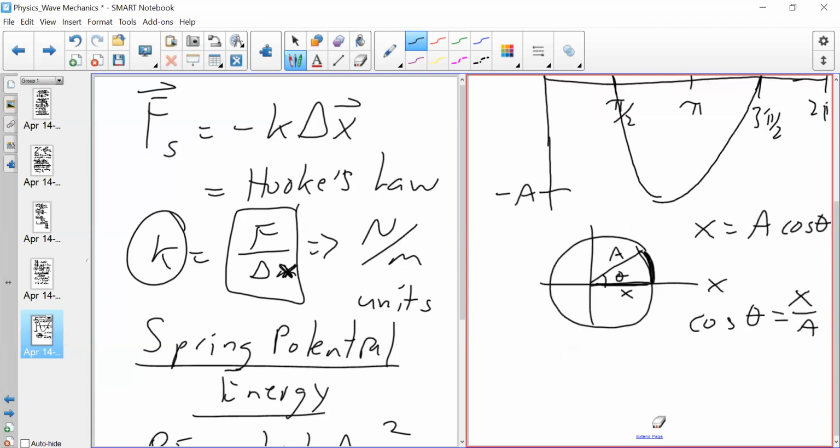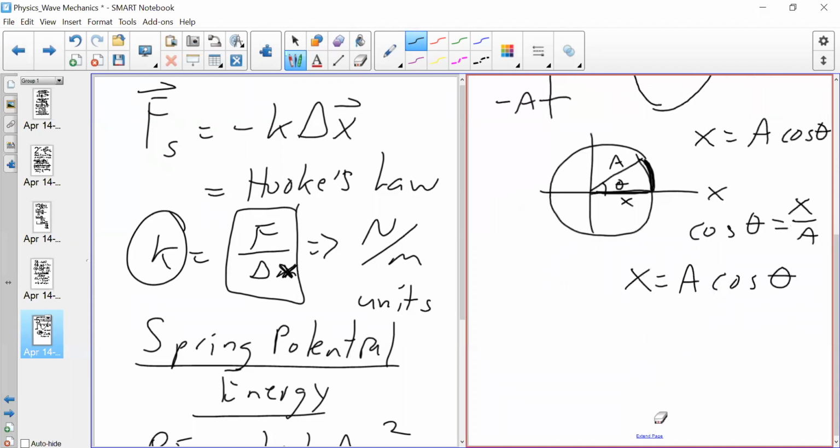But yeah, we're not going to worry about arc length in this context. Keep it more simple than that. Cosine theta is adjacent leg over hypotenuse. And then if we just want to solve for x, it would be A cosine theta.